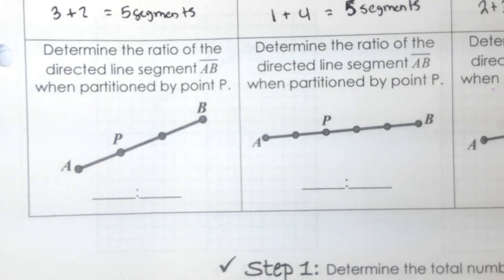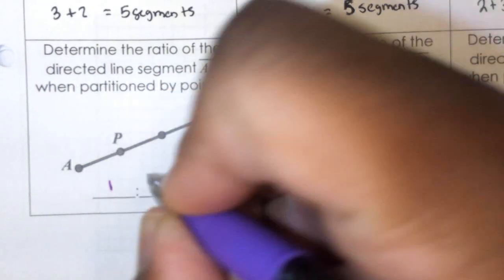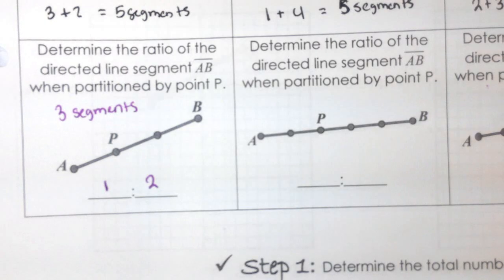Jennifer, what's my ratio for this first one? 1 to 2. If it's 1 to 2, how many segments do I have in total? 3. You're good. Don't worry. You're coming up. Yeah, don't count the points. Count space.